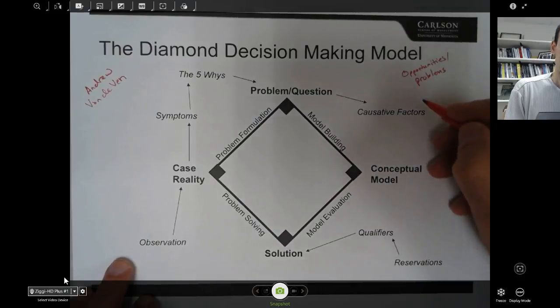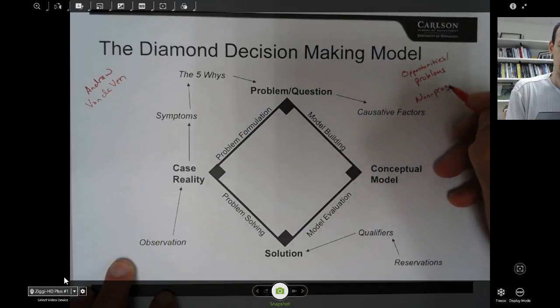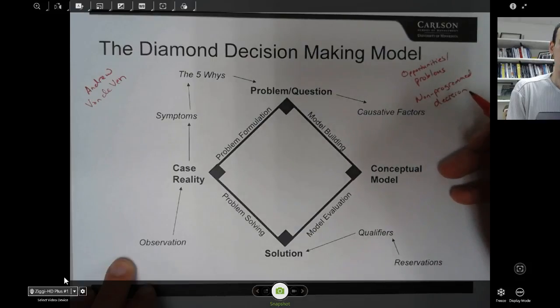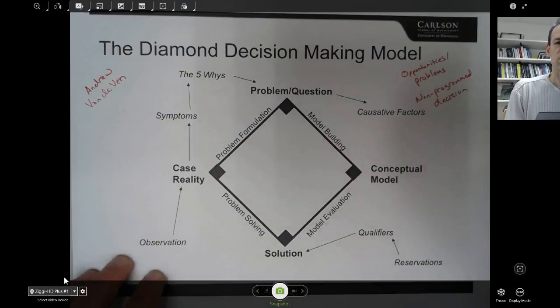The idea is that when you're confronted with making a non-programmed decision, this is typically a complex situation. And oftentimes when we begin this process, we experience some situation in which we identify an opportunity or a problem that we think exists in that particular situation, but oftentimes we don't do our due diligence.